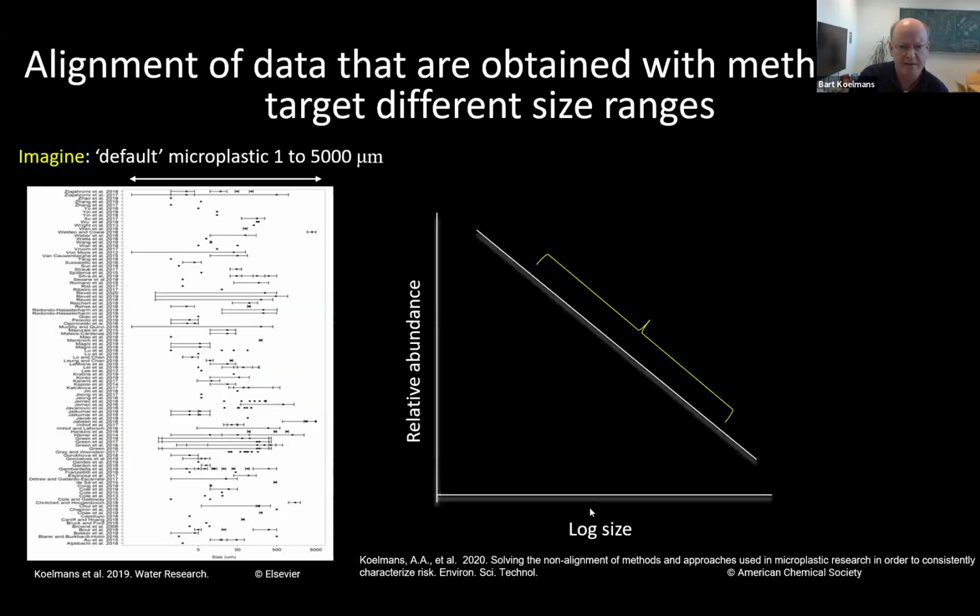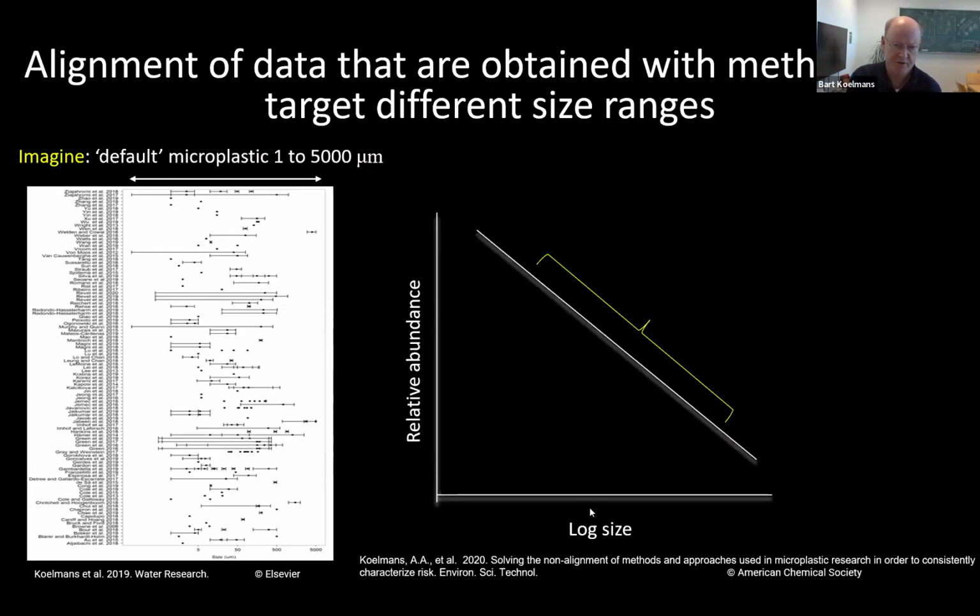This can be aligned. Imagine that this yellow parenthesis is a part of the distribution that is measured. But if you know the distribution, so that would be the white line, the relative abundance of the particles as a function of size. So basically this says that small particles are more abundant.